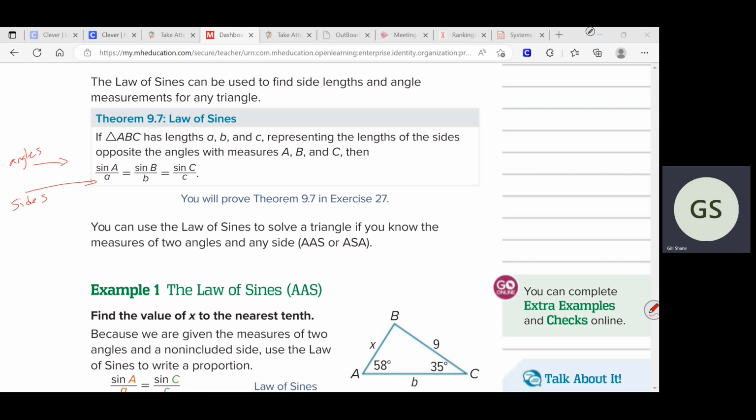A lowercase letter is about the length of a side. A capital letter refers to the angle. In the formula, the angles are on top, capital letters, and the sides are on the bottom. We never take the sine of a side, we take the sine of an angle. And that leads us to those formulas.